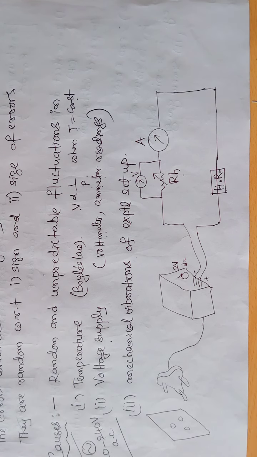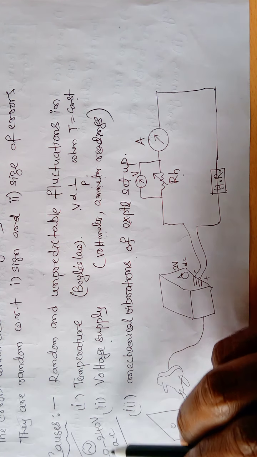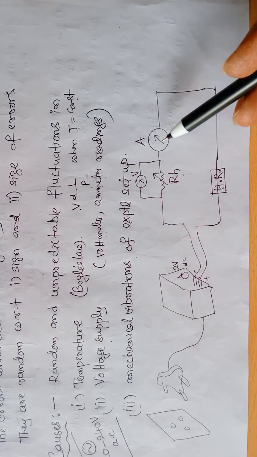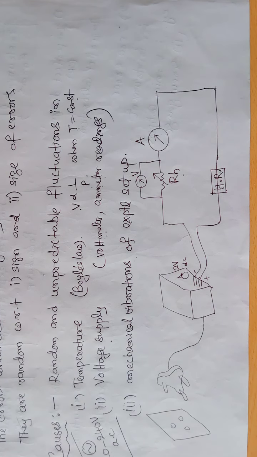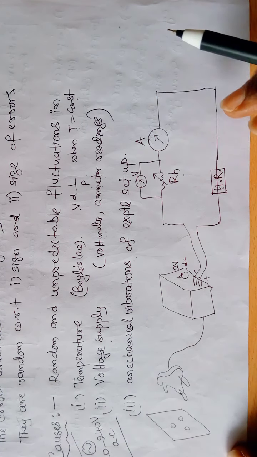It is not constant. The supply voltage varies from 220 to 240. If supply varies, here automatically our ammeter and voltmeter readings also vary. So this is one cause for random errors. And third one, mechanical vibrations of experimental setup.